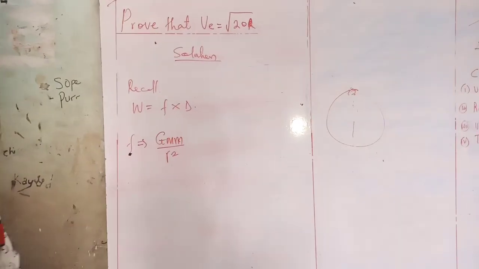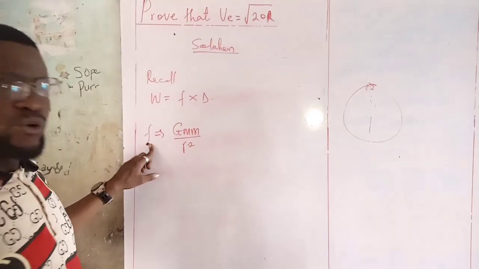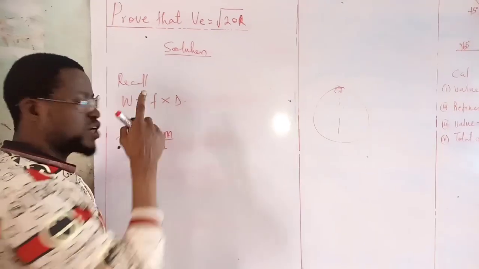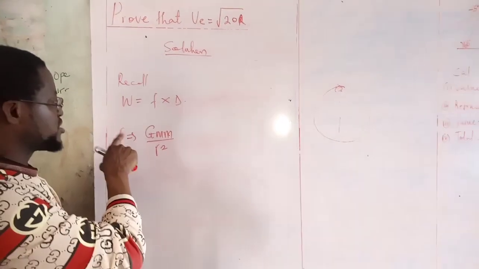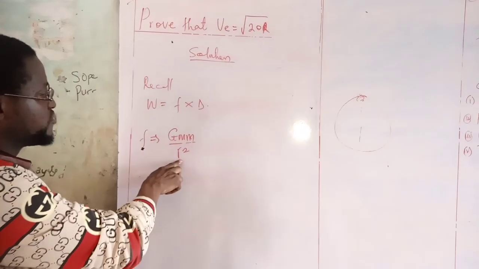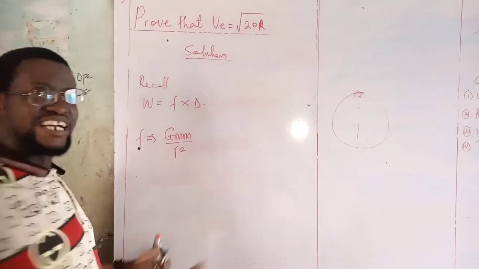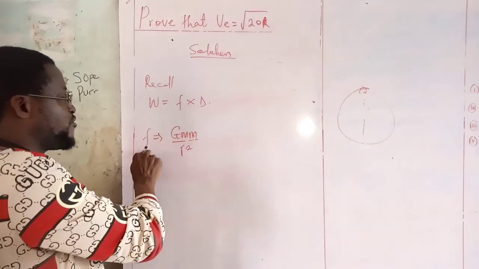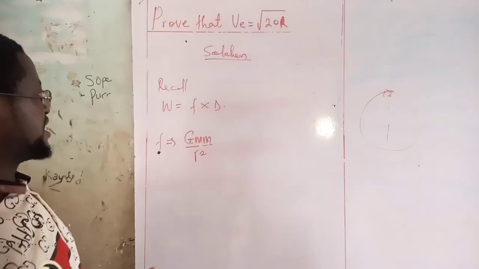This is the mathematical representation of Newton's law of gravity that says that every object in the universe attracts every other object with a force that is directly proportional to the product of their masses and inversely proportional to the square of their distance apart. So this is the value of force according to Newton's law of gravity.